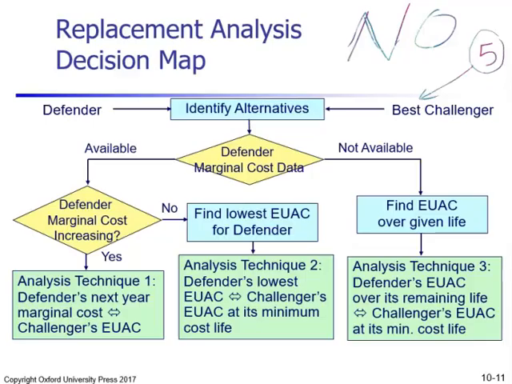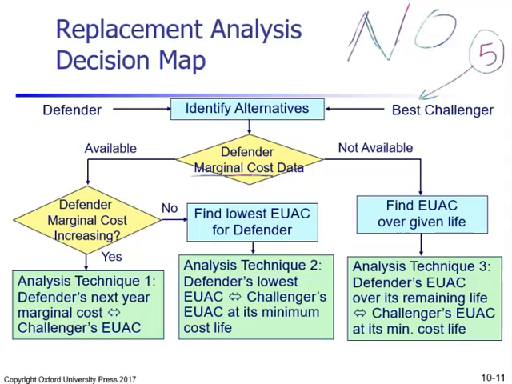So, as I told you, marginal cost is very critical in replacement analysis. You see also in this famous model, it plays an important role in a way that it splits the path of decision making based on the availability of data on marginal cost.